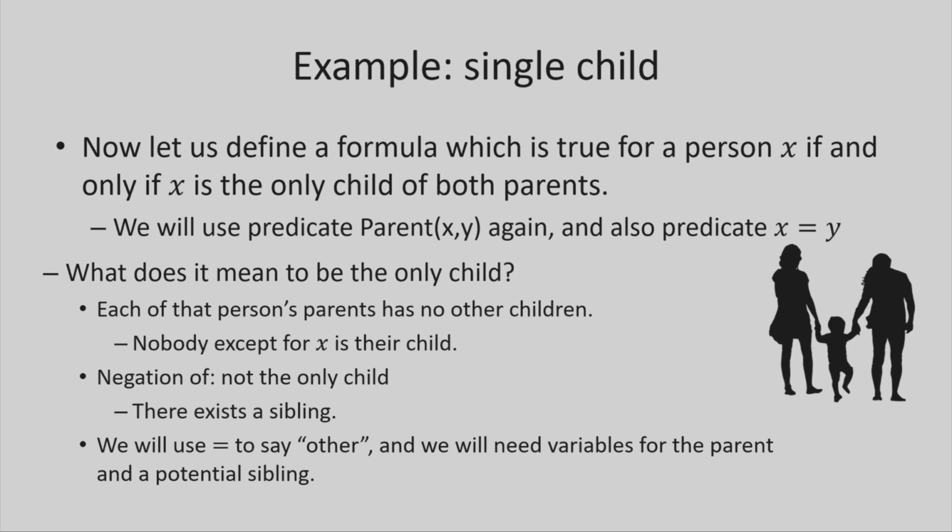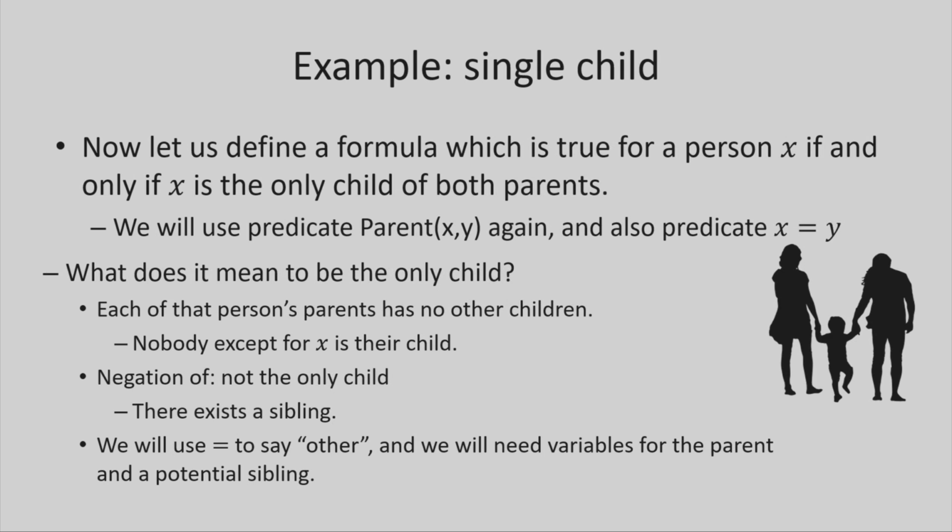It means that anybody who is a parent of X has only X as a child and nobody else. Well, it's a little bit hard to say it like that, so why don't we write this formula in a little roundabout way? Let's start by writing its negation, and then we will get the formula for the single child by negating the result. Because to talk about the negation of being a single child is easy.